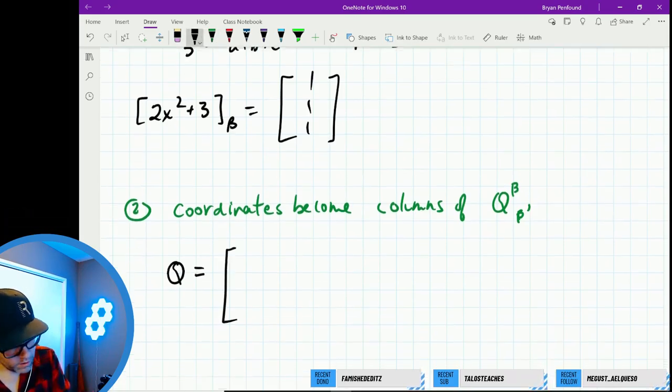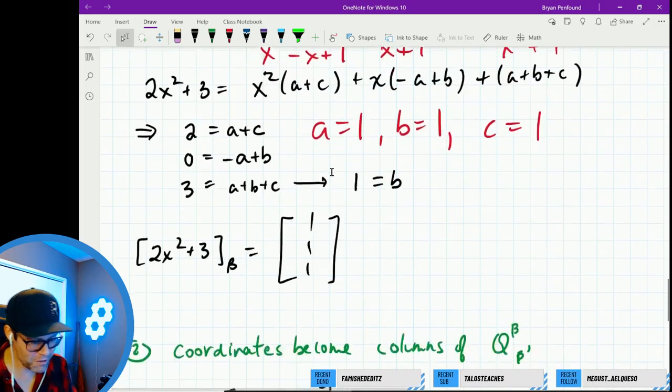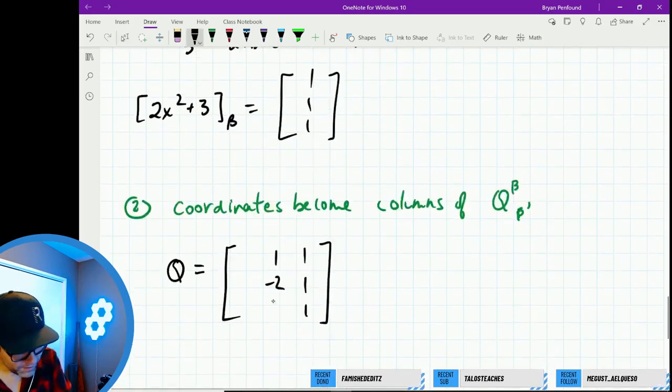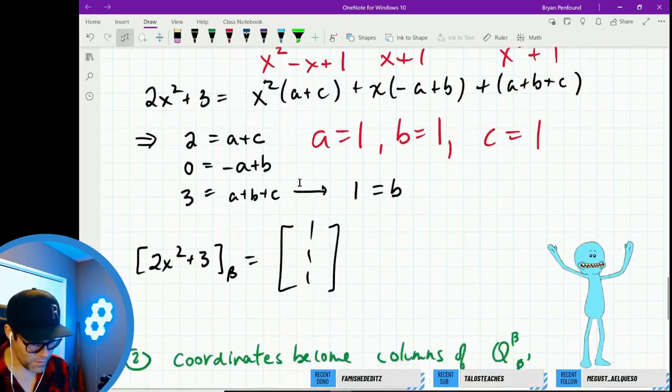So our Q, okay, I know what the third column looks like. Second column is 1, -2, 3. And then column 1 is 2, 3, minus 1.